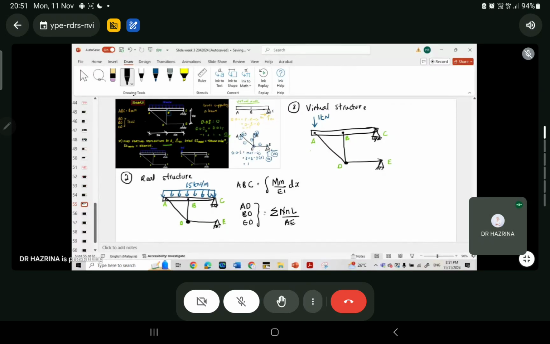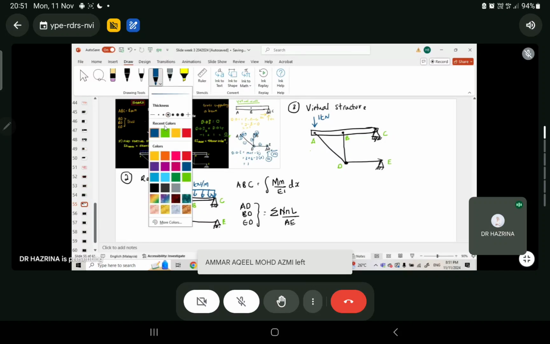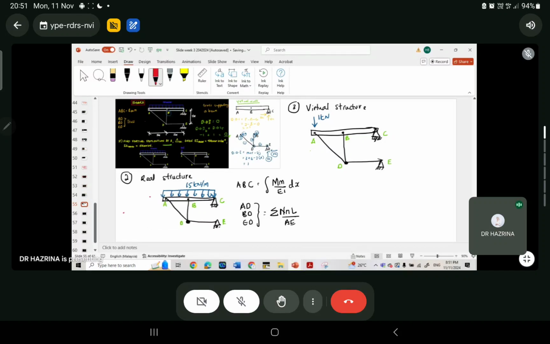So for the real structure, first you have to find the capital M, which you get from the real structure, and you find the capital N, which is N_AD, N_BD, and N_ED. For your virtual structure, what you find here is the smaller m, and you also find the smaller n, which is n_AD, n_BD, and n_ED.